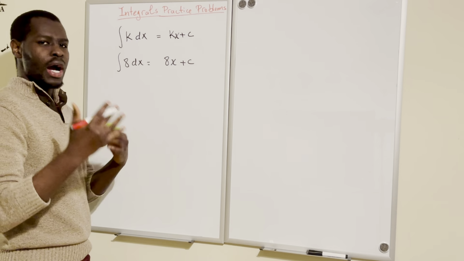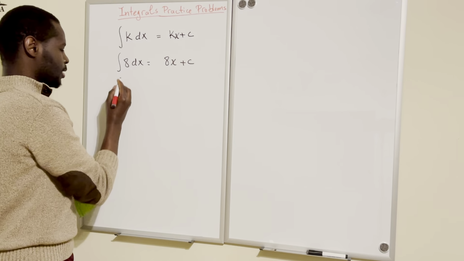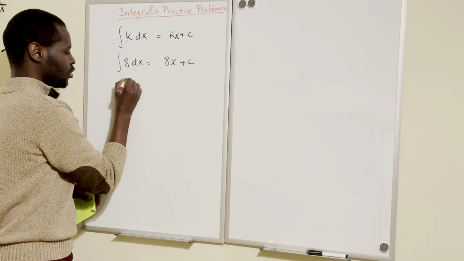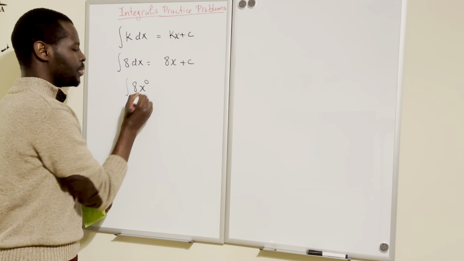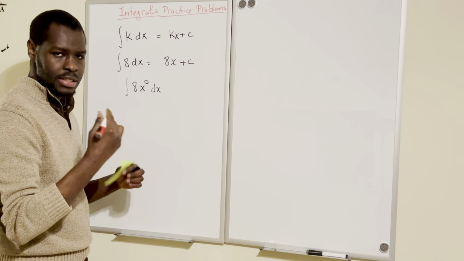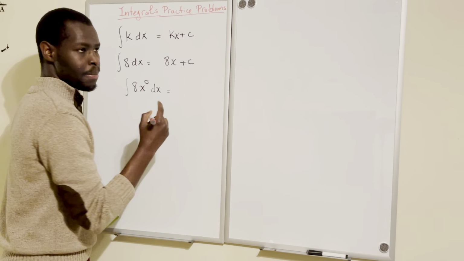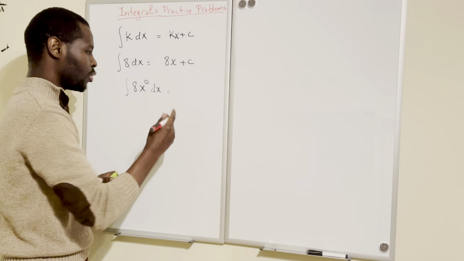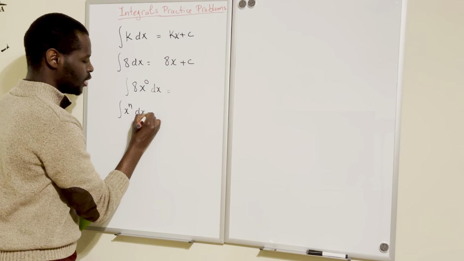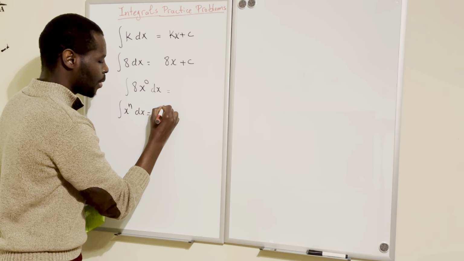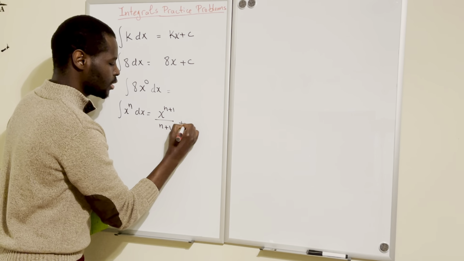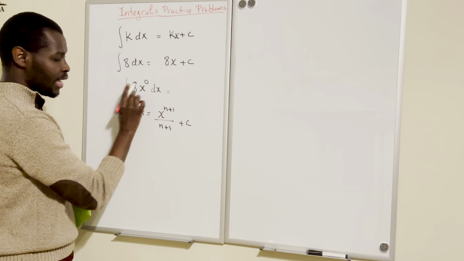Now, if you're wondering why it is 8x, you can think of a constant as the same thing as x to the 0, right? So this is the same as 8x to the 0 dx, because x to the 0 equals 1. Now, if we apply the same concept from the previous video, that the integral of x to the power n dx is x to the power n plus 1 divided by n plus 1, plus a constant, then in this case n is 0.